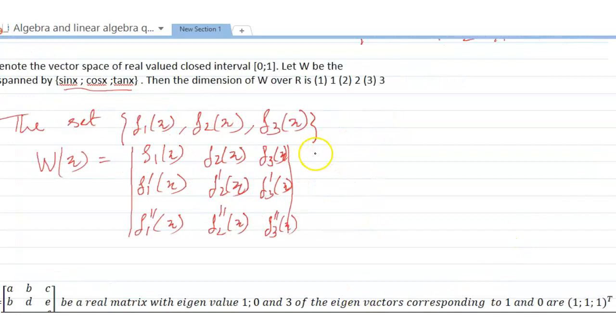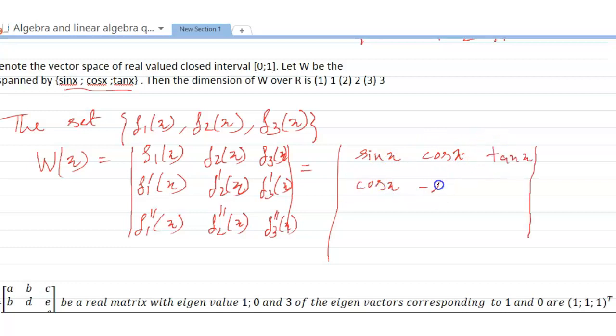Now I can write the Wronskian this way: sin x, cos x, tan x; the derivatives cos x, minus sin x, sec square x.